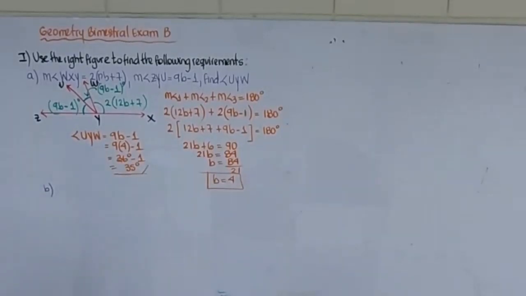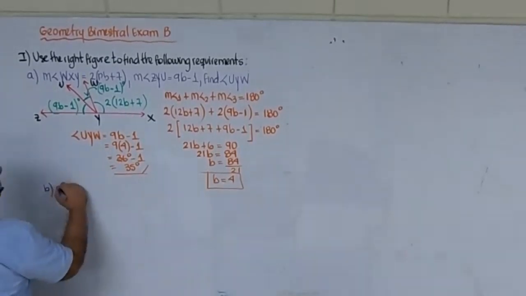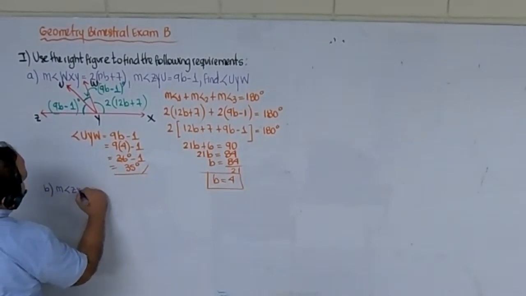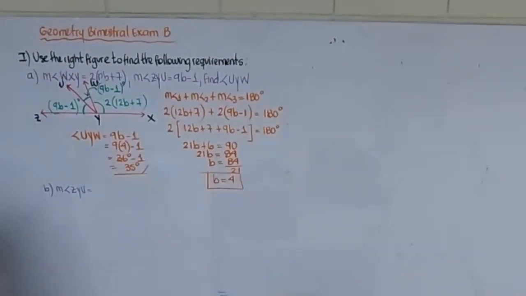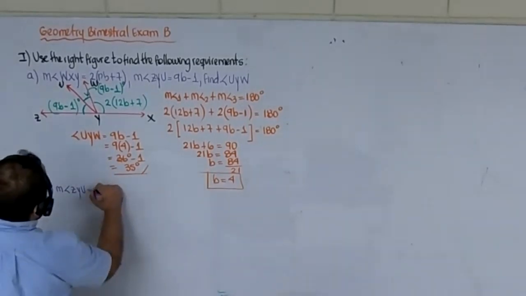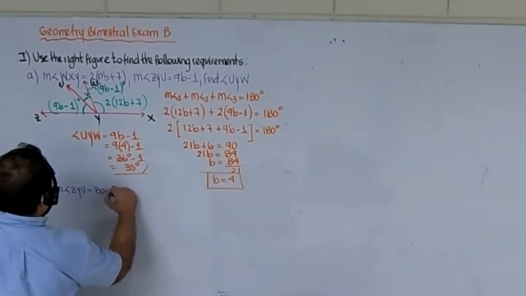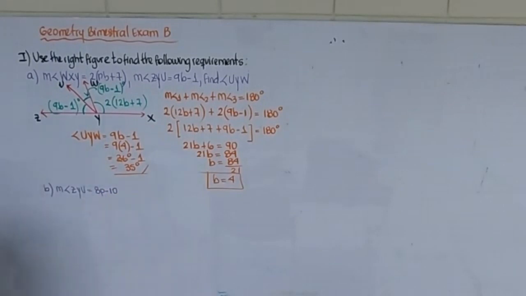In letter B, we have to find out the measure of the angle CYU. The measure of the angle CYU is given by 8p minus 10.